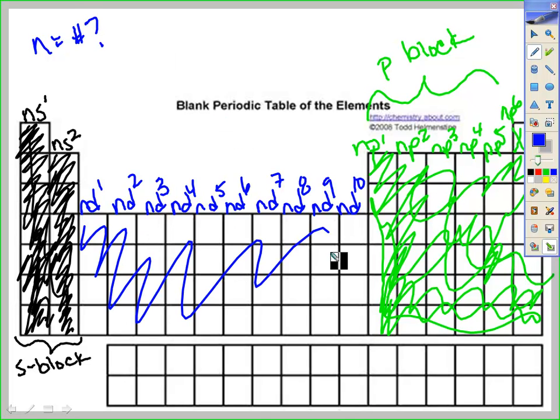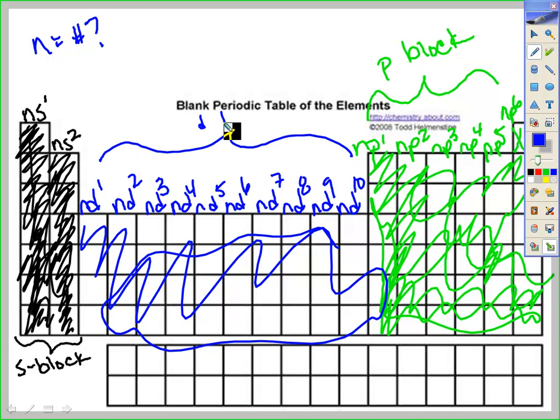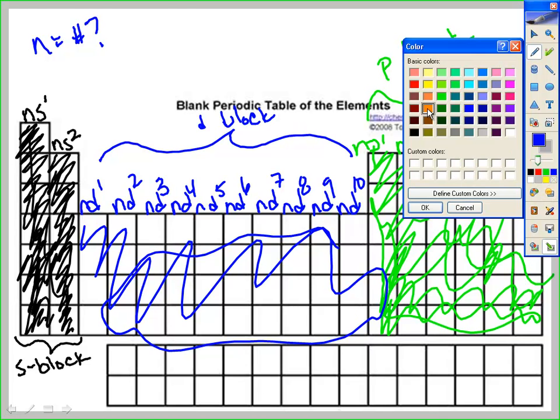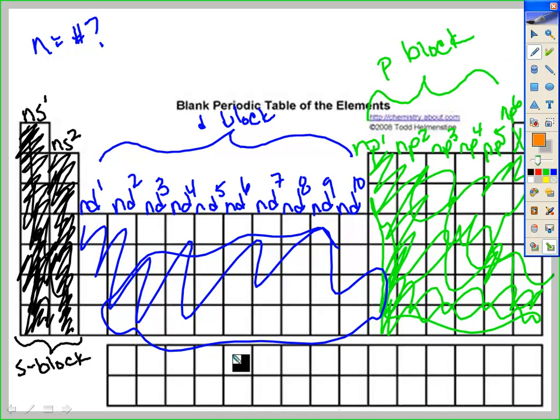We colored all of those blue, and since they all ended in D, we called these the D block. And then finally, in orange, we labeled these F1 all the way up through F14, and those were all ending in F something, so we called this the F block.